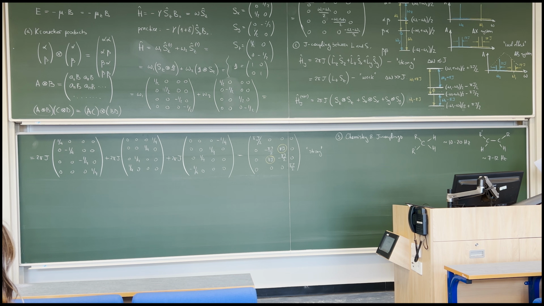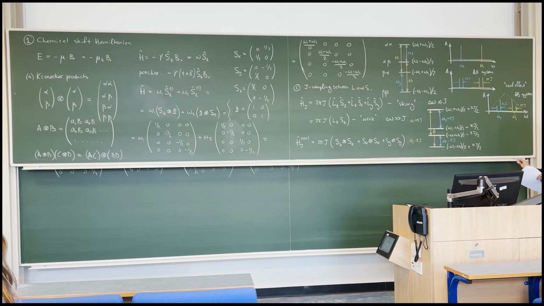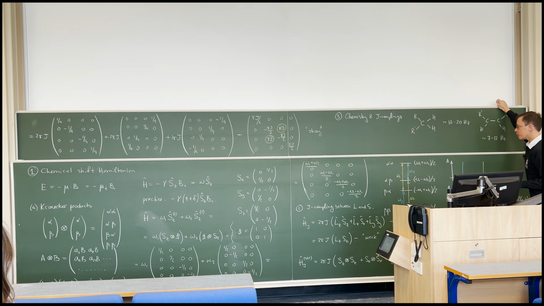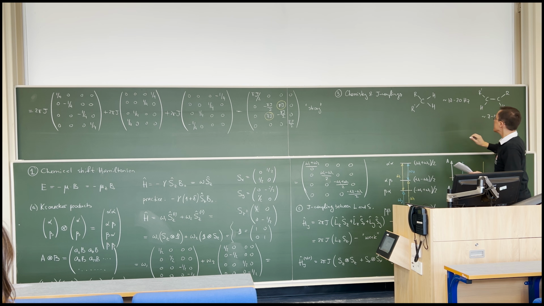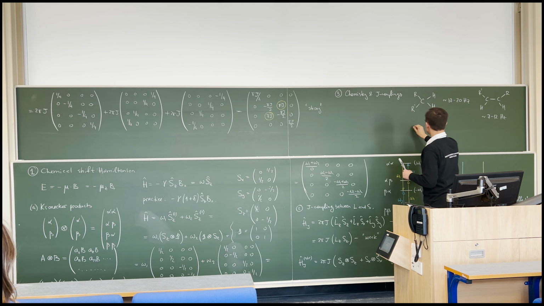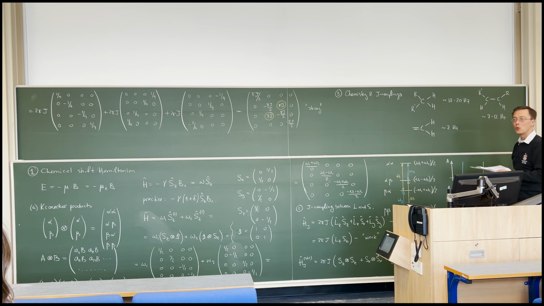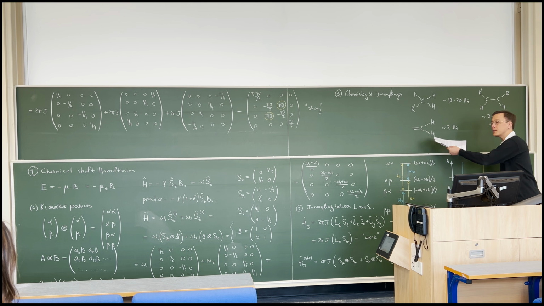However, exceptions begin when you start having double bonds and aromatic systems. So strangely enough, the J-coupling in such a system is only around 2 hertz. So this has to do with orbital overlap in the sp2 hybrid system here.